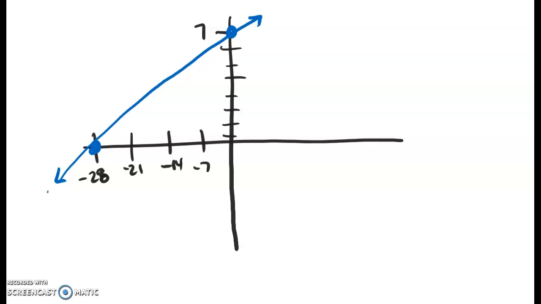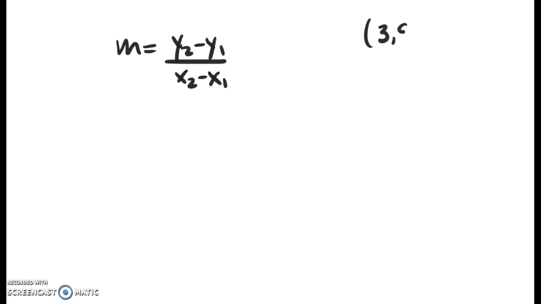What about if you wanted to find the slope? We mentioned in the previous video that the slope is equal to the change in y divided by the change in x. So if I was given 2 points, and I wanted to find the slope between those 2 points, I start by labeling the points x1, y1, x2, y2.